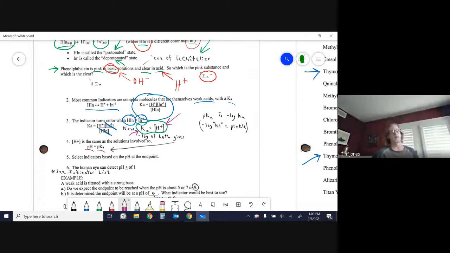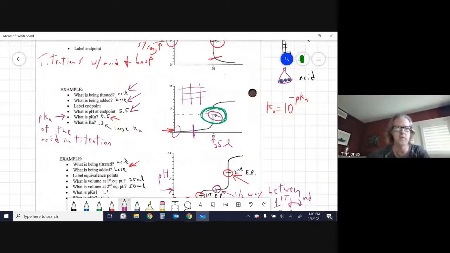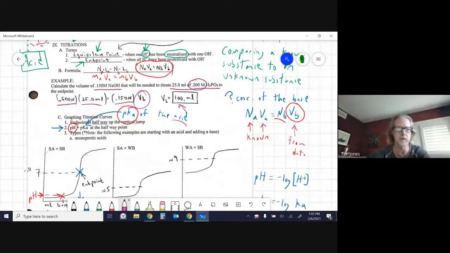Now I want to clear up some confusion that might happen. You might see this right here and say, wait a second, pH equals pKa. But didn't we see that earlier when we were talking about this thing up here where I said that it's at the halfway point?